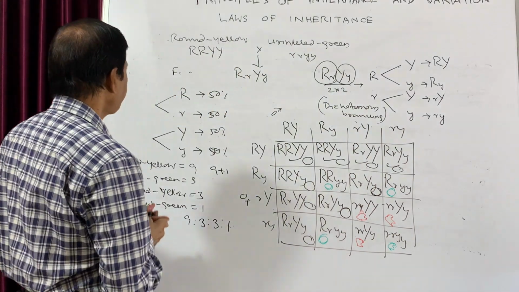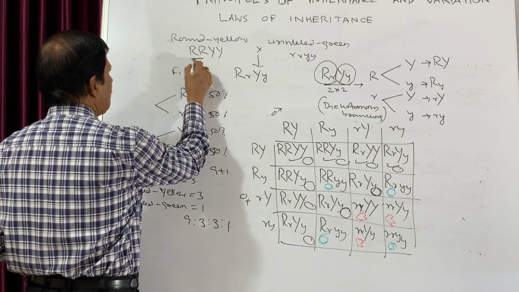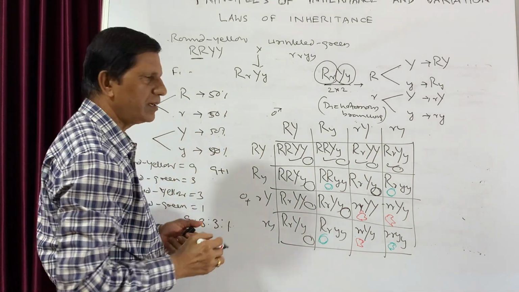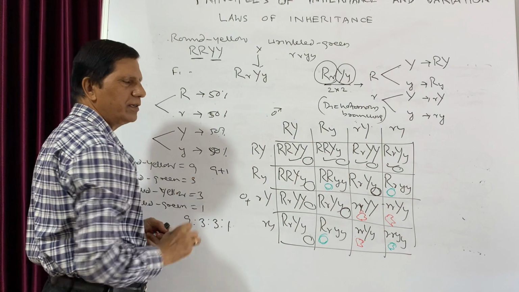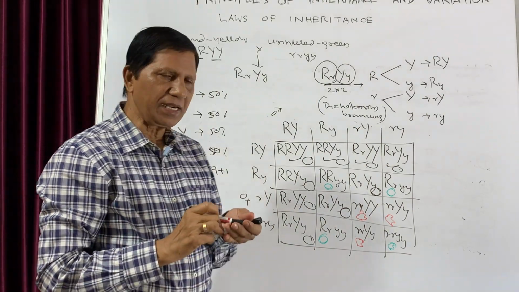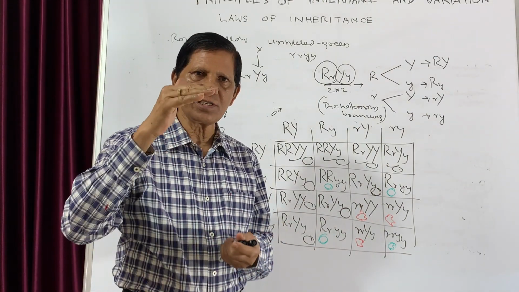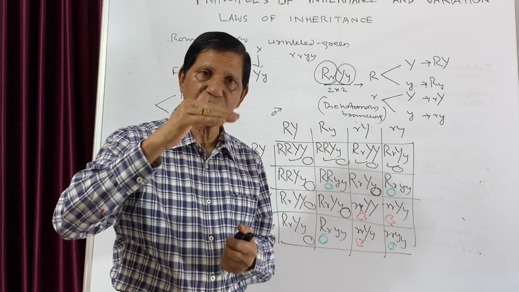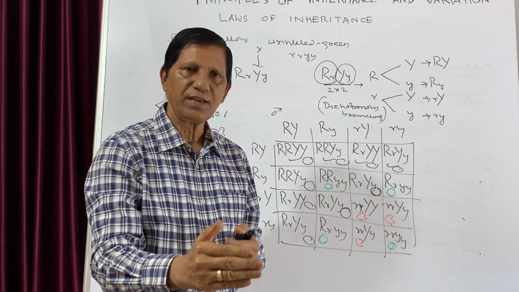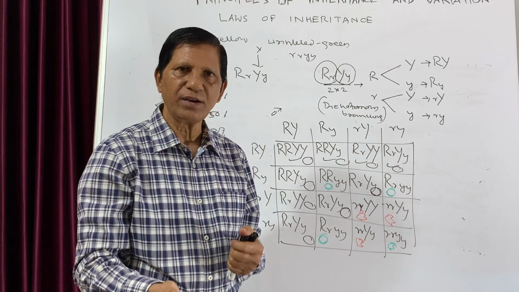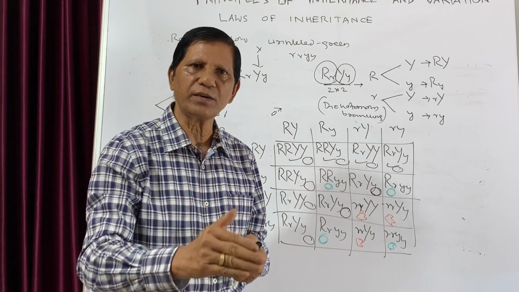That means this is the shape of the seed. This is the color of the seed. That means the inheritance of shape of seed is independent of the inheritance of the color of seeds.